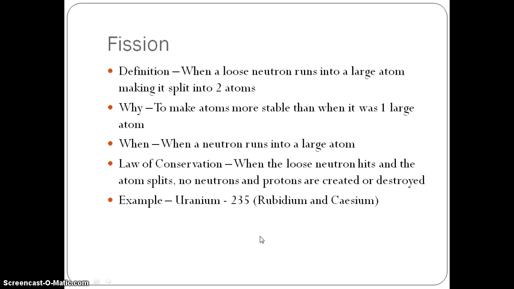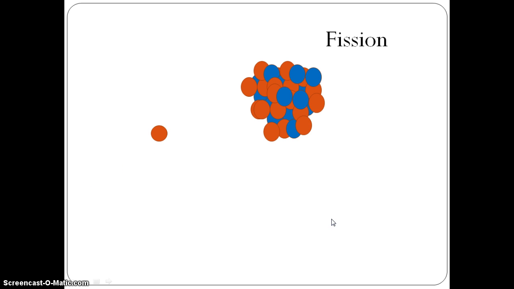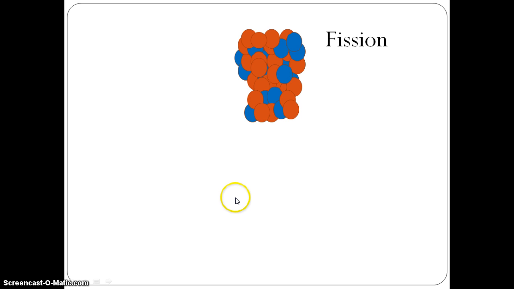Now for the stop motion. So let's say this is uranium-235. It's one large atom. And now we have introduced a neutron, a loose neutron that is flying towards this large atom. Now this loose neutron is going to hit the atom.